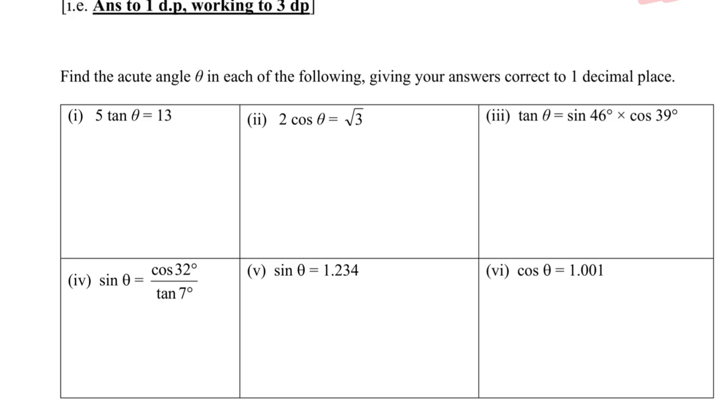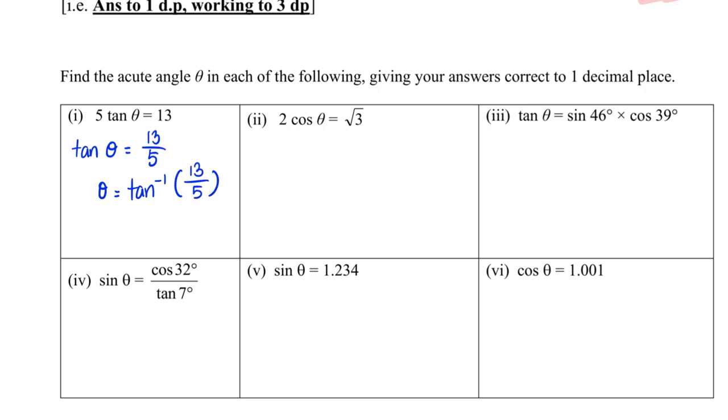For part 1, this basically means 5 times tangent of the angle equals 13. So how do I get the angle? We divide by 5 on both sides. Then, to find this angle, using this symbol, I have to press it such that I get the -1 out.